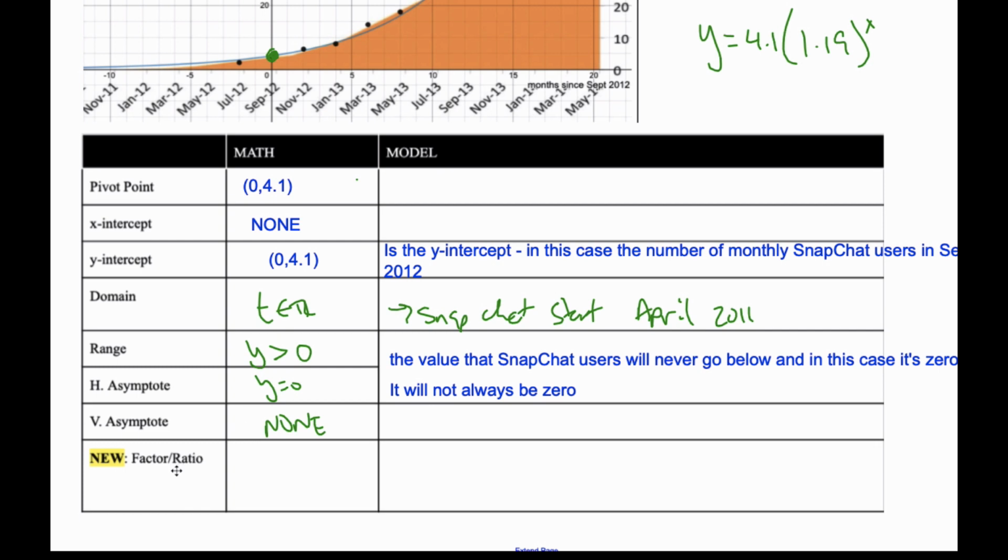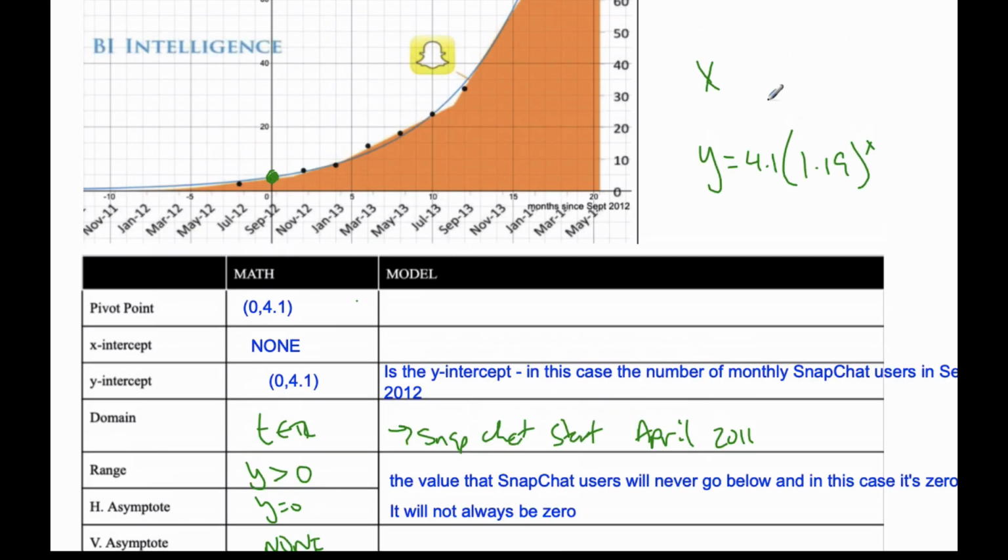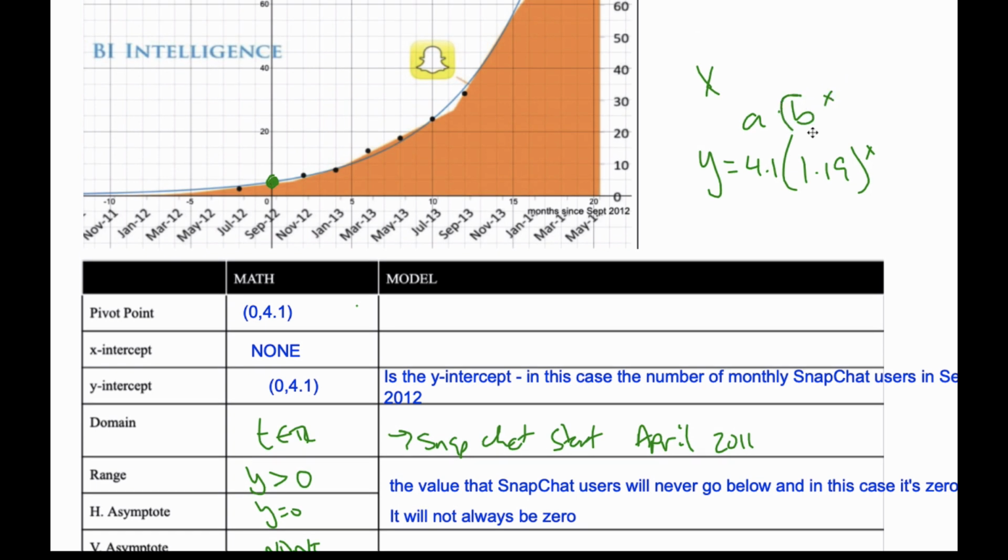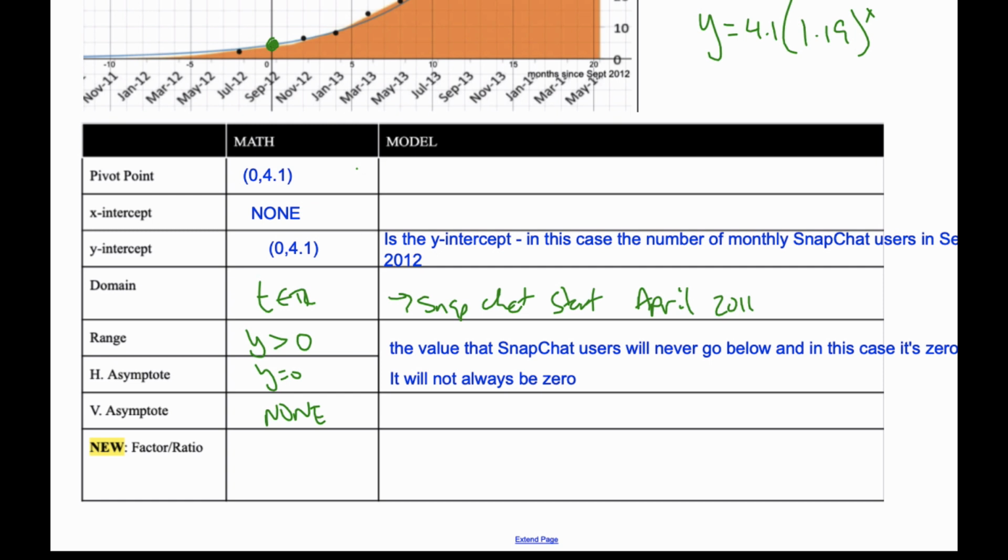And then finally, this new idea, this factor or ratio: in a times b to the x, this b value is what we multiply by each time. It is the factor or the ratio. And so in our case, it was either 1.19 or 1.21 depending upon our method.